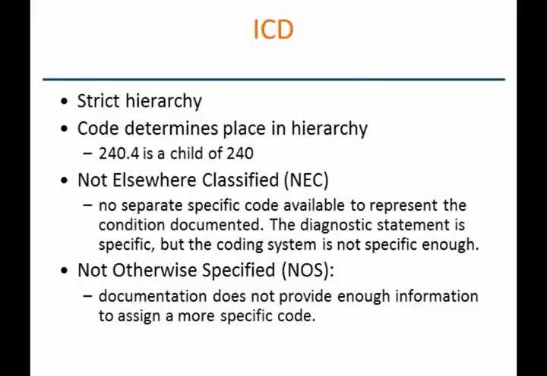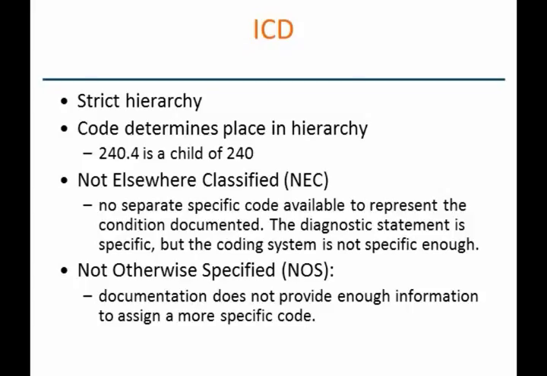There's also a fascinating and annoying classification called NEC, not elsewhere classified. Here's a situation where there's no specific code to represent the condition. The diagnostic statement in the note is specific, but the coding system is not specific enough. I'm going to show you a great example of that in a second.